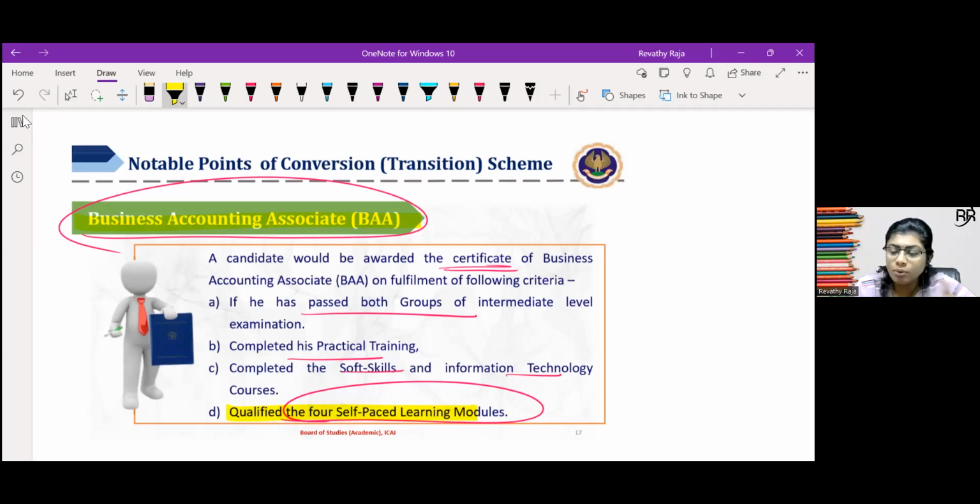For them, no conversion scheme or no transitional scheme. They have to appear directly for all the 4 modules. So this is regarding the online self-paced modules. SPOM, as you call it shortly, and basically it's an online exam.